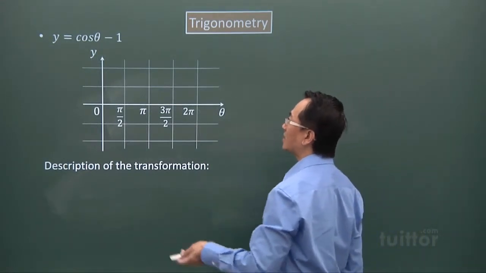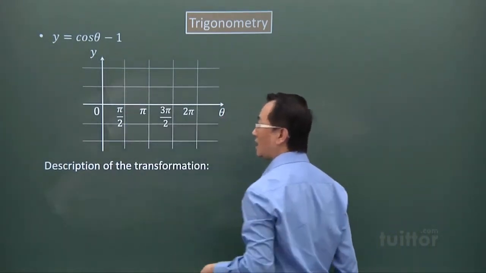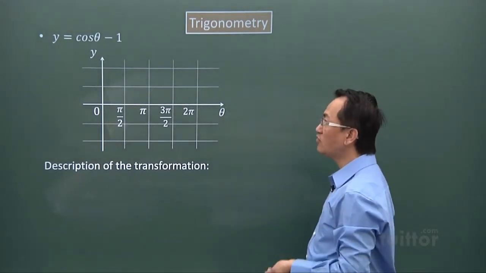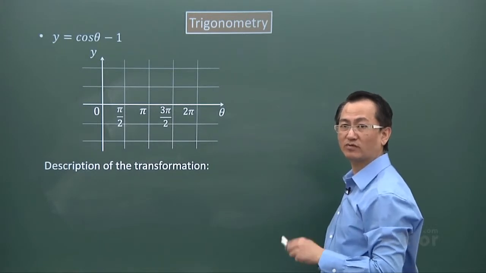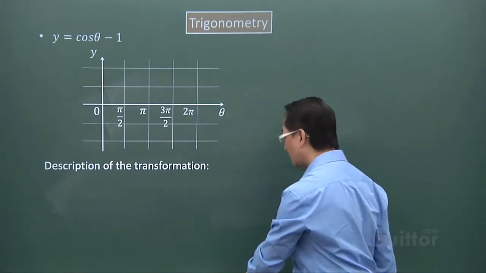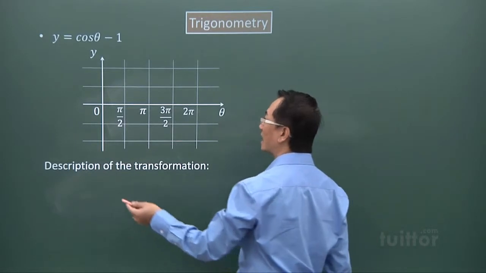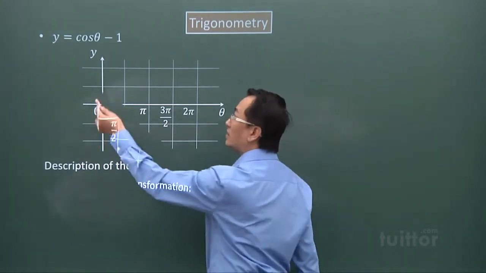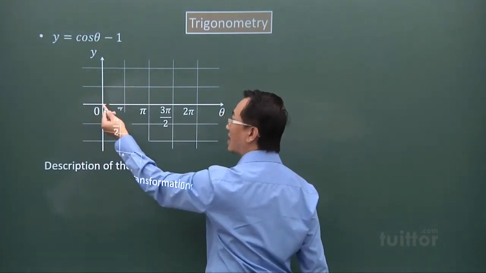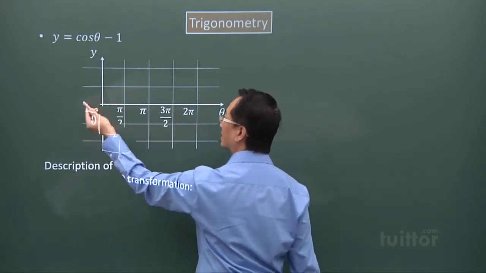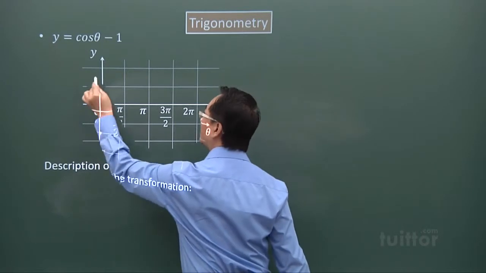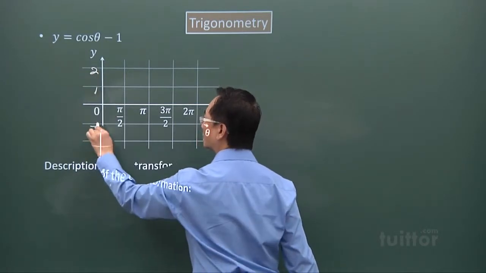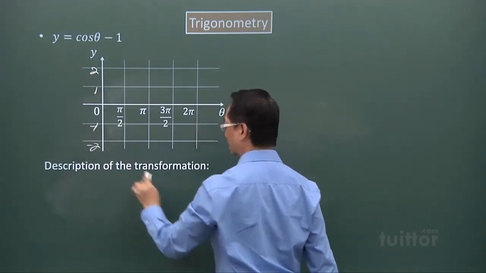Next, we have this case, minus 1. If plus 1 is to move the graph upwards, then minus 1 will actually move the graph downwards. So let me just sketch for us the original graphs, the graphs of y equals cos theta. So this is 1, 2, minus 1, minus 2.